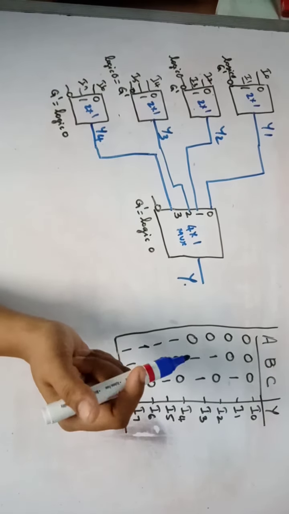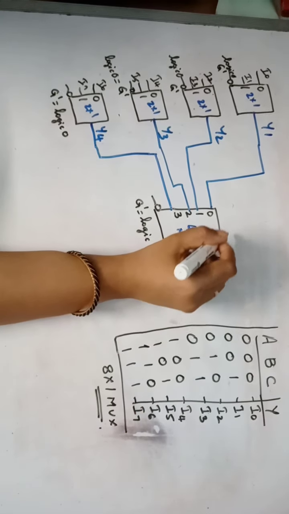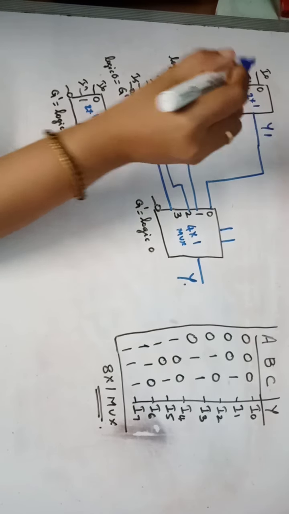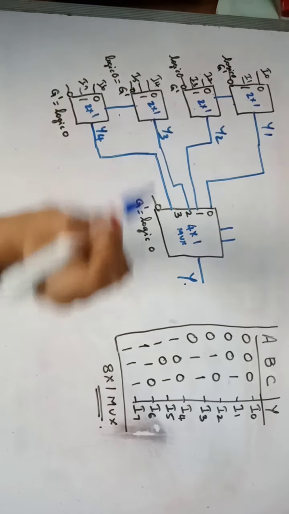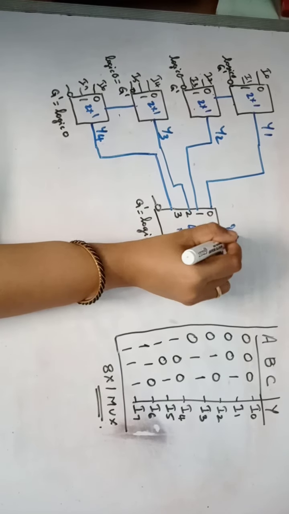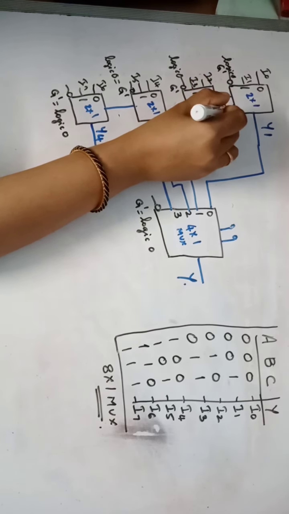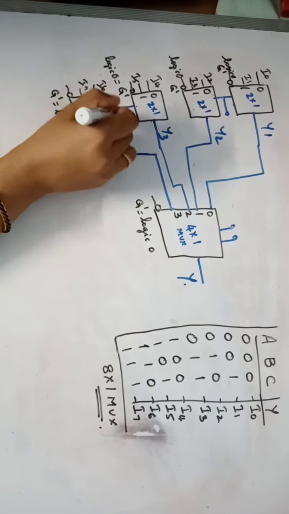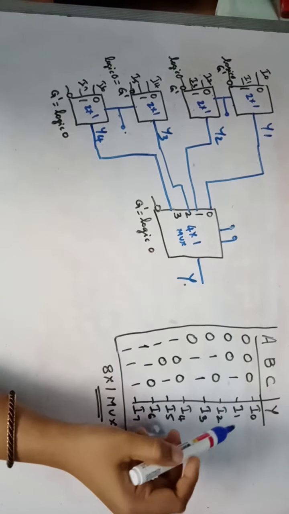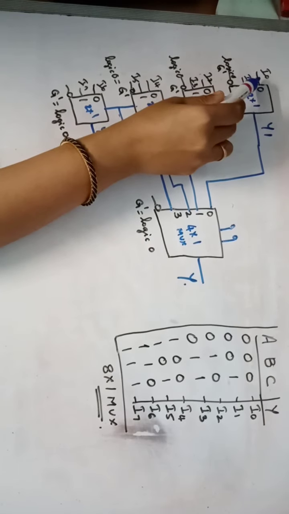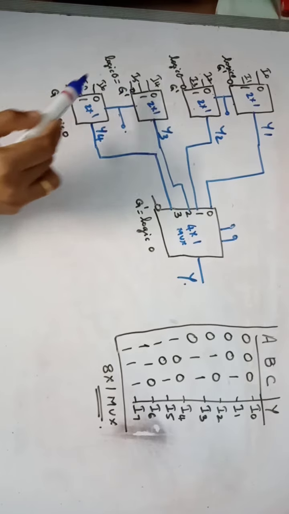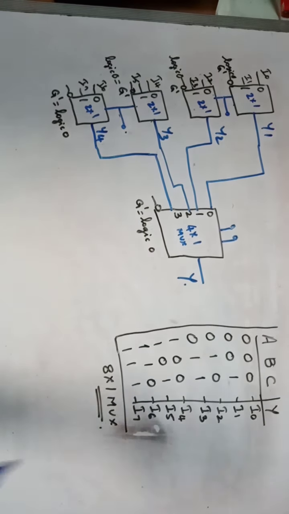Okay, so now we need to know, here you have two select lines, here you have one select line, here one select line. So I need to know what are the select lines, which is A, which is B, which is C. That is what I need to know. Okay. So you can see that I0, I1 is in the first, I2, I3 is in the second, I4, I5 is in the third, and I6, I7 is in the fourth.